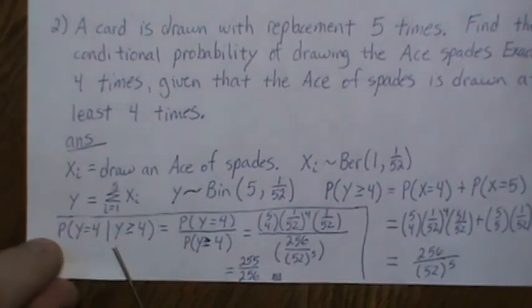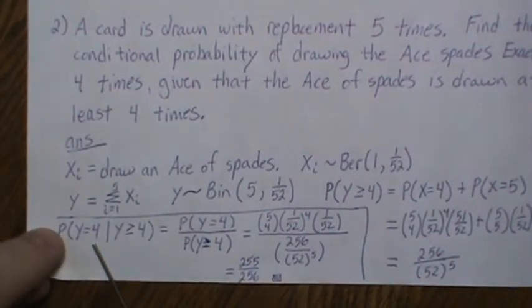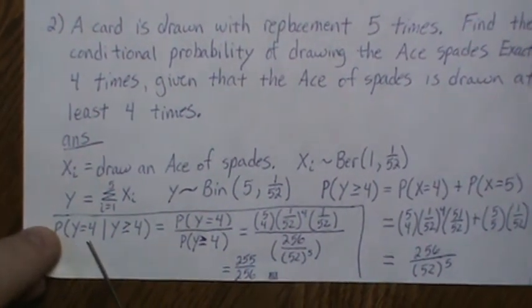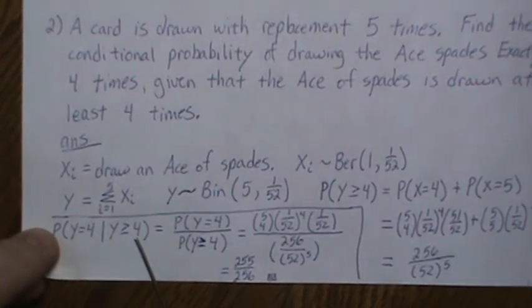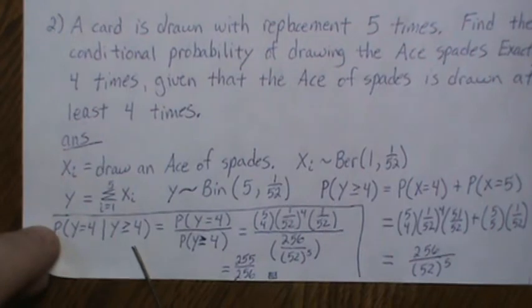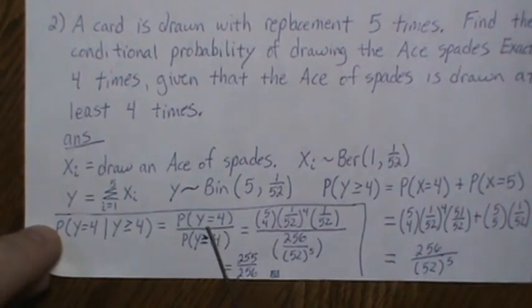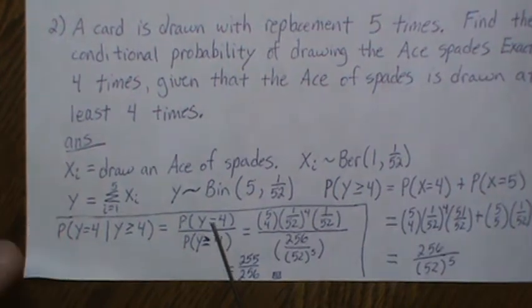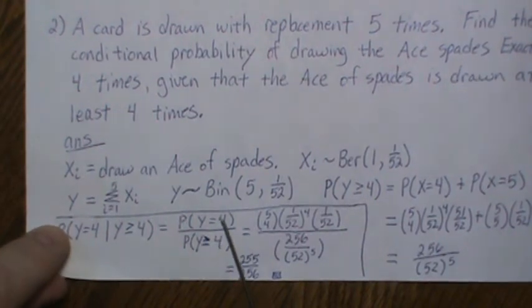Now to calculate the probability of interest, the probability that we've drawn the ace exactly 4 times, given that we've drawn it at least 4 times, is this. So it's the intersection of those two, which is just Y equal 4, right? The intersection of Y equal 4 and Y greater than or equal to 4 is just Y equal 4.